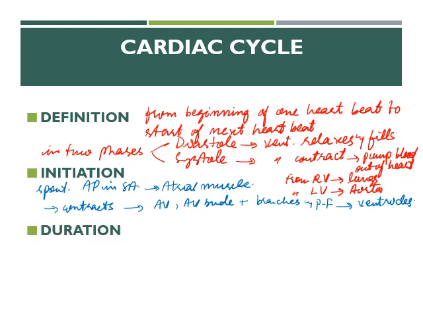The normal duration of the cardiac cycle is 0.833 seconds. This duration is the reciprocal of heart rate.